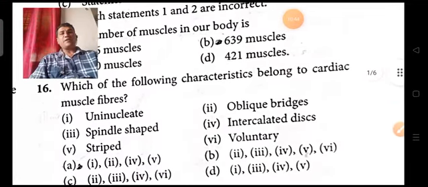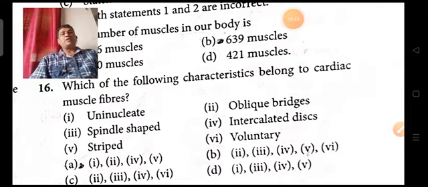Next, which of the following characteristics belongs to cardiac muscle fibers? Uninucleate, oblique bridges, spindle shaped, intercalated discs, stripes, and voluntary muscles. Already you know that cardiac muscles are intermediate muscles. They have striations.